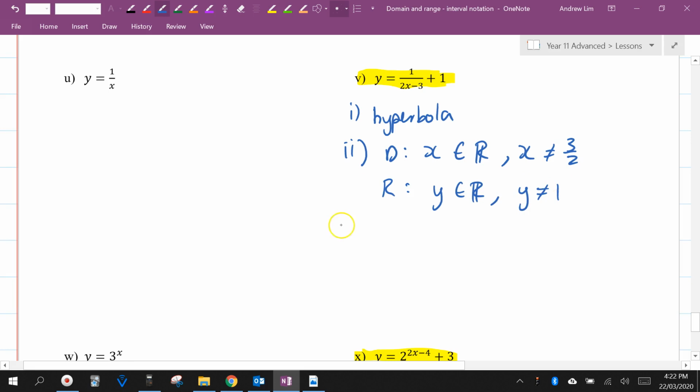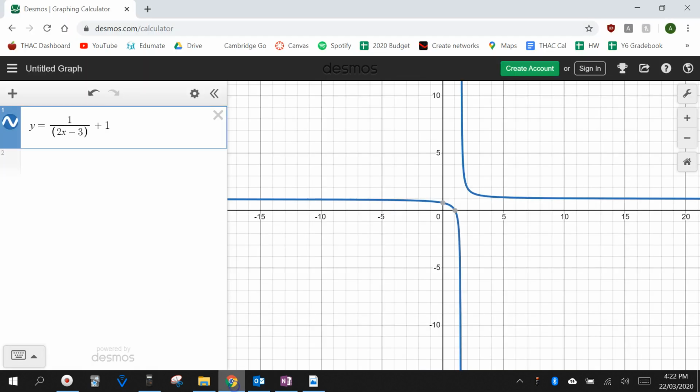So how do we write this in interval notation? Well, because the graph we can see is split into two different arms, or I'm not sure what they're called, two different curves, we can see that we need to use the union symbol.